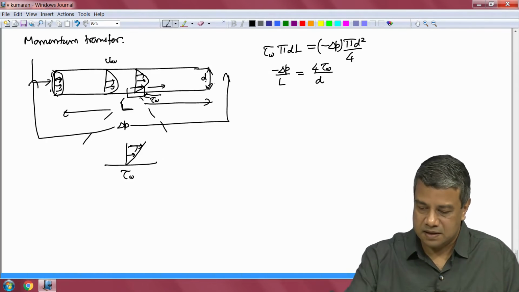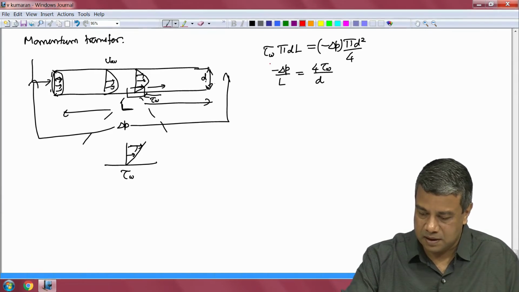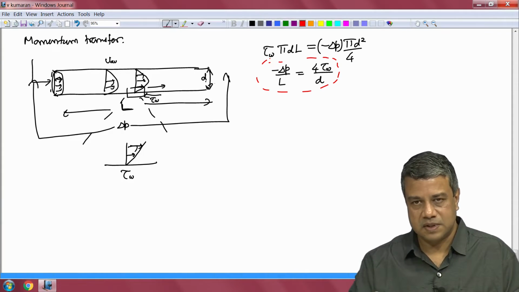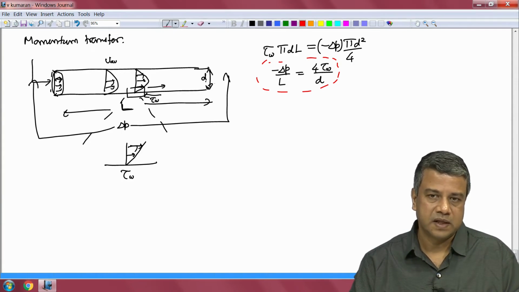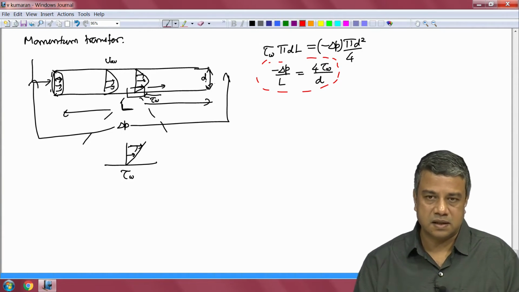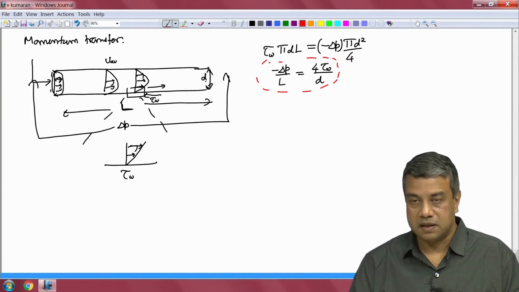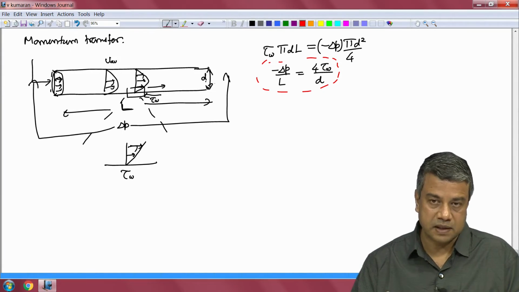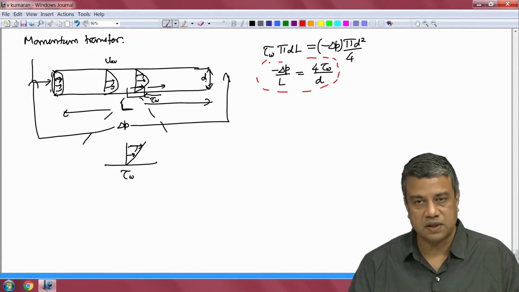An important conclusion can be drawn from this: if the wall shear stress is a constant, so that the length is much larger than the development length of the pipe, then the pressure difference required for a given flow rate has to be directly proportional to the length.